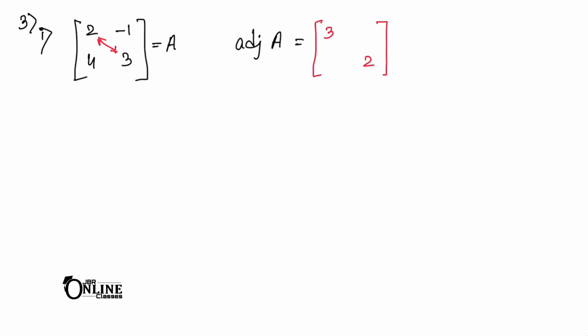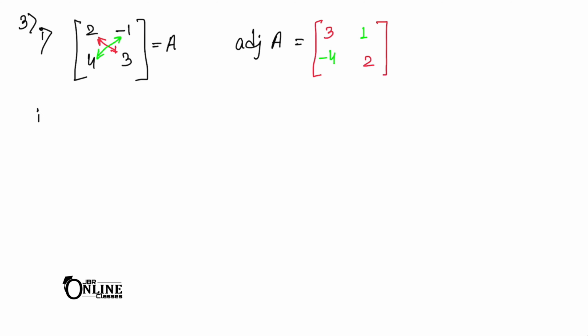And for these two elements you have to just change their sign. If they are positive, then it will be negative, if negative, then it will be positive. So that one will be positive 1 and that one will be negative 4. So 3 1 minus 4 2 is your adjoint matrix.